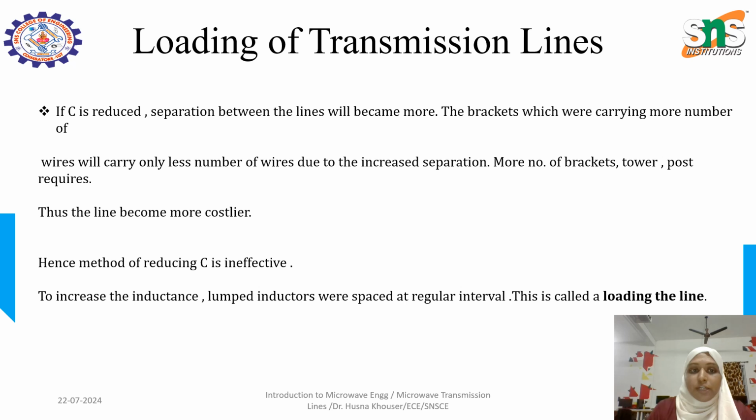If we reduce the capacitance, the separation between the lines will be more, so a large amount of wire will be required, and we require a large number of towers and posts, and it will be very costly. So to make this capacitance ineffective, we have to use lumped inductors at specific regular intervals. This is called the loading of lines.